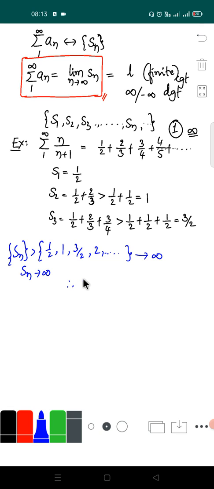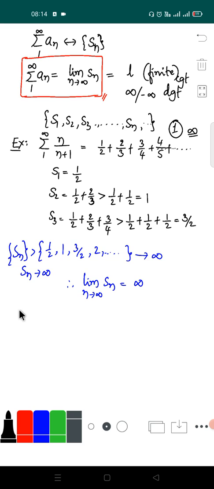So you can say that the limit as n tends to infinity of Sn is infinity by the term by term comparison. This sequence is lesser than Sn, and the lesser sequence diverges to infinity, so Sn diverges to infinity. That's how we give the reason here.